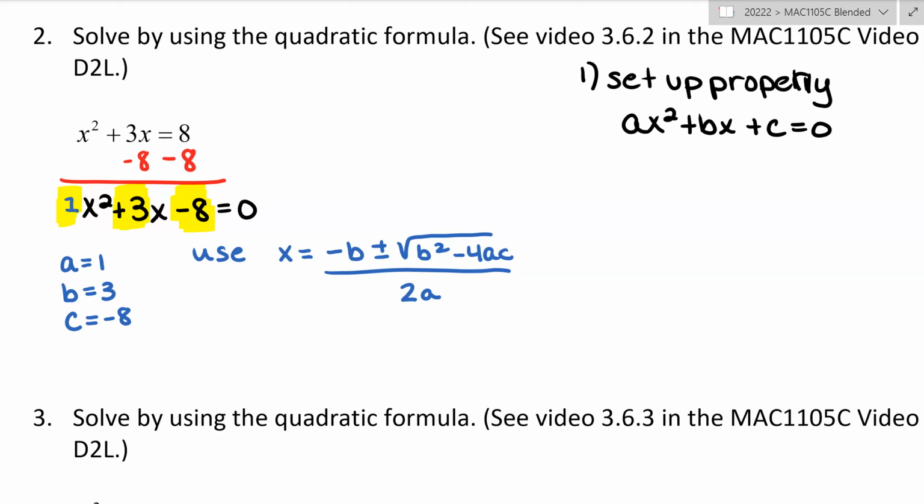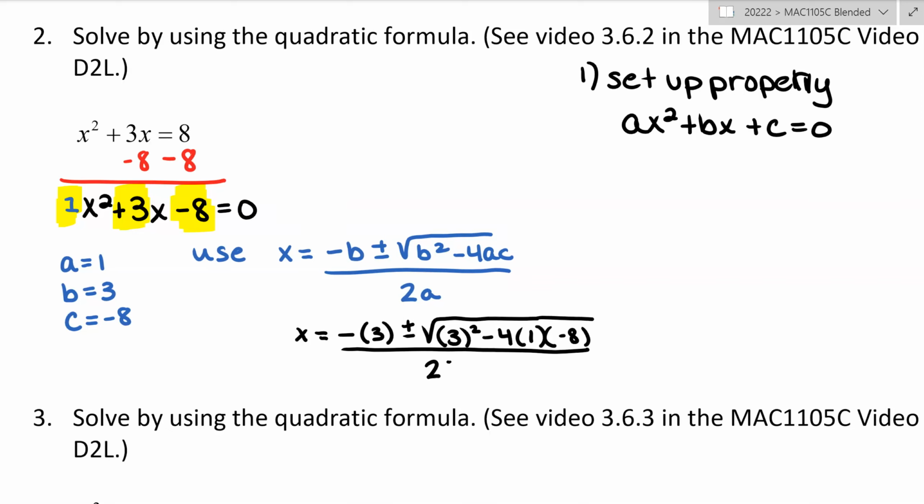Okay, so let's substitute. x equals the opposite of b. So b was 3, plus or minus the square root of b squared. So b was 3, so 3 squared minus 4 times a, which was 1, times c, which was -8, all over 2 times a, which is 1.